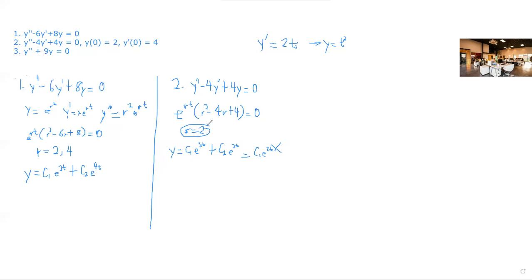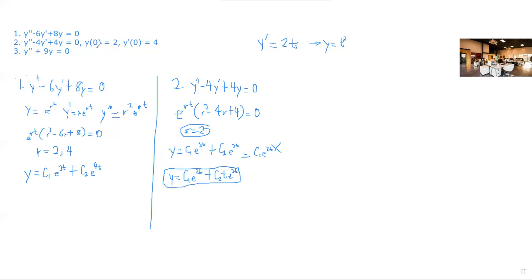This part we did correctly, but the correct answer will actually be C1 e to the power of 2t plus C2 t e to the power of 2t. So whenever a root overlaps, you have to multiply one of them by t, essentially.